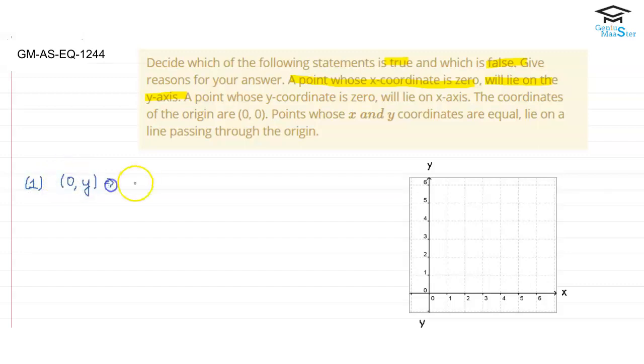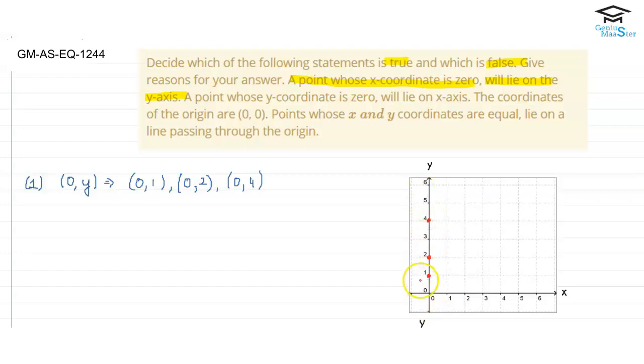So it could be anything like (0, 1), (0, 2), (0, 4), anything in the form of (0, y). If we plot it on the graph here, the x coordinate is 0 and the first point will be here (0, 1), (0, 2) will be here, (0, 4) will be here, and so on.